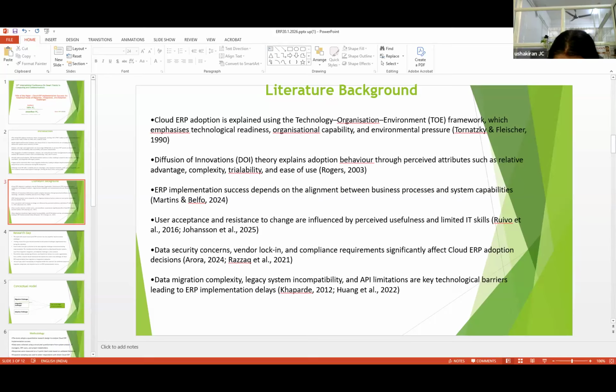Others focused on data security, vendor lock-in, and compliance, which strongly affect the ERP implementation decision. Migration complexity and API limitations that cause implementation delays have also been noted by a few studies. Most of the studies examine these challenges individually, not holistically.